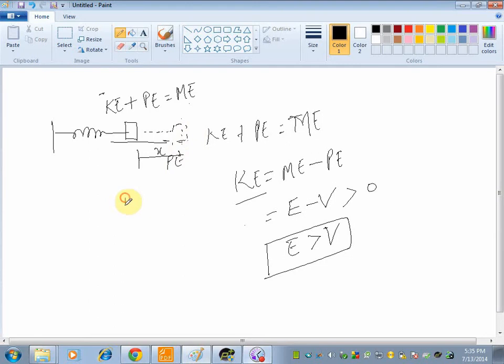So total energy is given, that is 1 joule. So I'll take potential energy as equal to 1 joule.